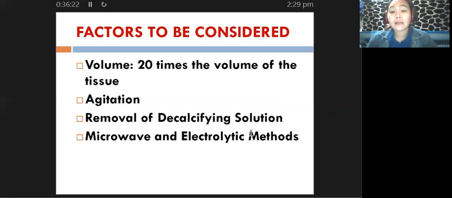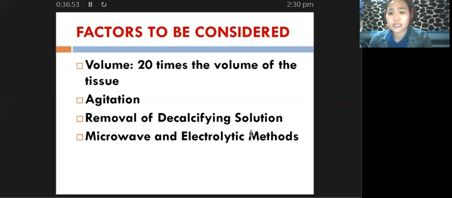In contrast, when we talk about methods, these are the procedures that we perform in order to carry out the decalcification step. Going back to decalcifying agents, what are the characteristics of a good decalcifying agent?